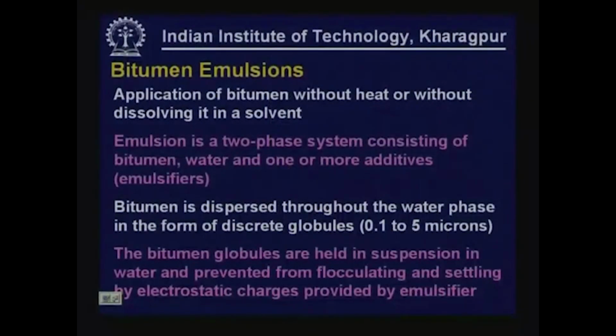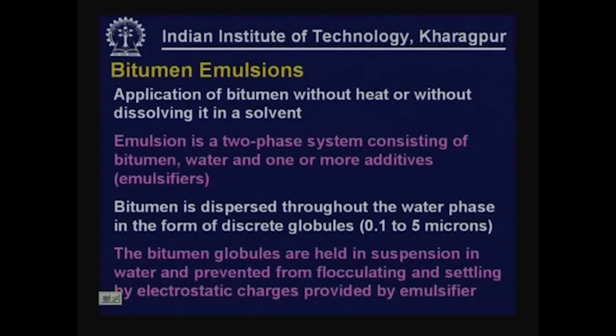So, without doing that and also without applying heat, in bitumen emulsions we can use emulsion without the additional need of heat or solvent. Basically, emulsion is a two-phase system consisting of bitumen and water, but it usually has one or more additives in the form of emulsifier.